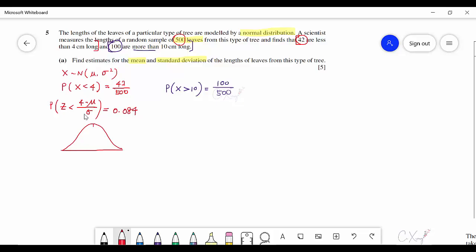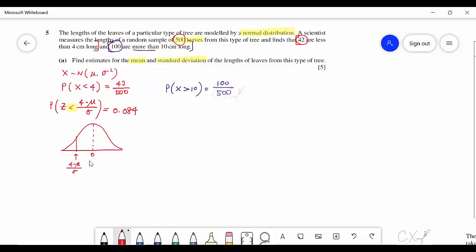For the normal distribution, this is 0. Since we have the sign of Z smaller than, and the probability denotes the area smaller than, and the area is a small area, that means our value for 4 minus mu divided by standard deviation should be a negative value because it is before the 0.